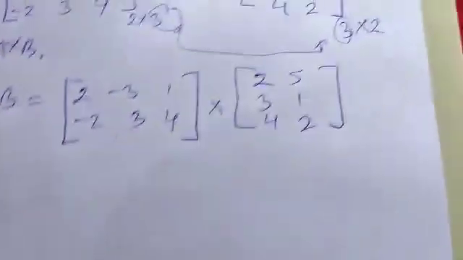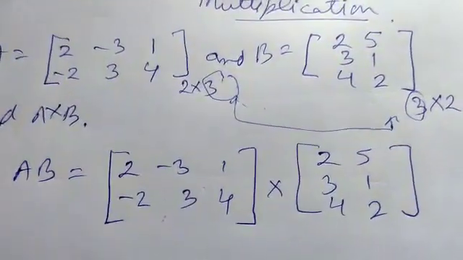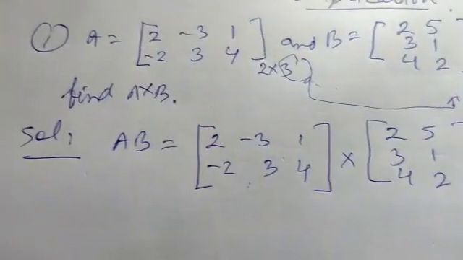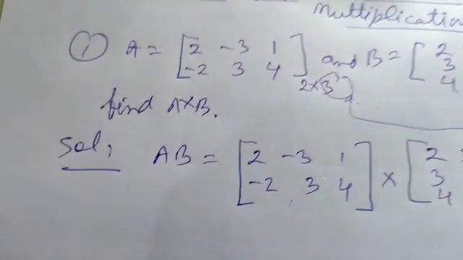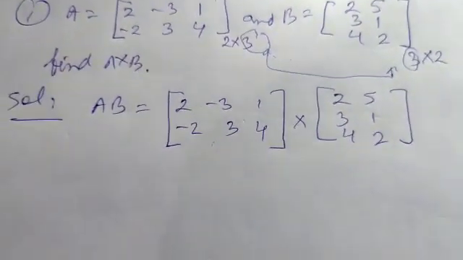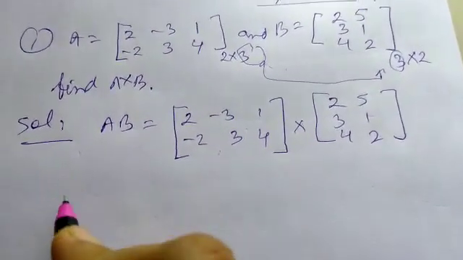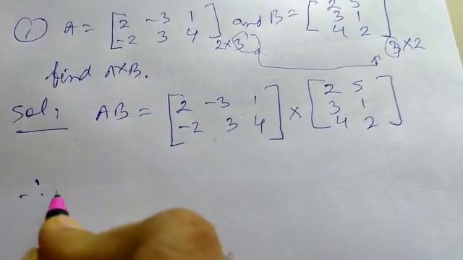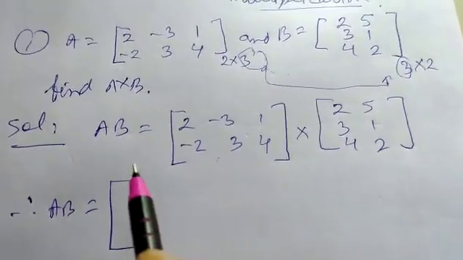And suppose the matrix multiplication is not possible, then there is no need to multiply and show it. Simply you have to write down that the matrix multiplication is not possible because the number of columns of the first matrix are not equal to the number of rows of the second matrix. So in this case it is possible, therefore we are working it out.